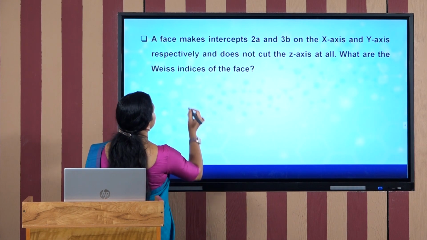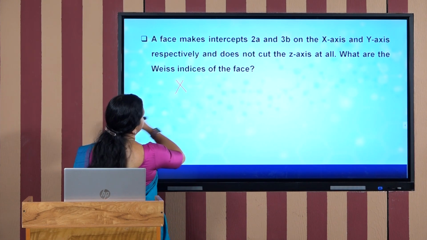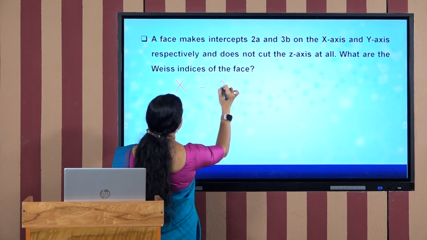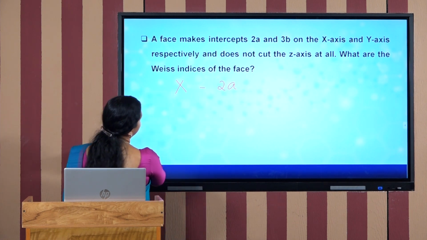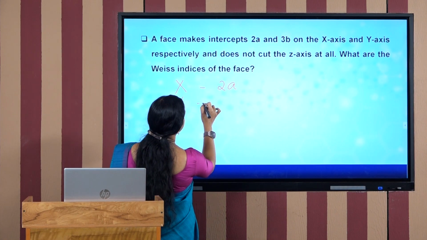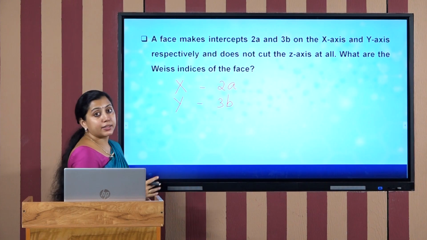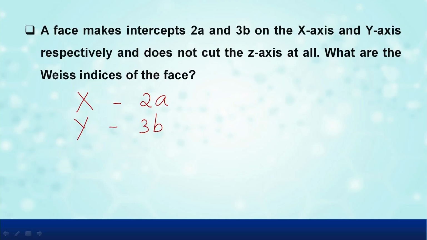It is given that the face cuts the x-axis at a distance 2a and the y-axis at a distance 3b, but it does not cut the z-axis at all. It does not cut the z-axis means it goes parallel to the z-axis.